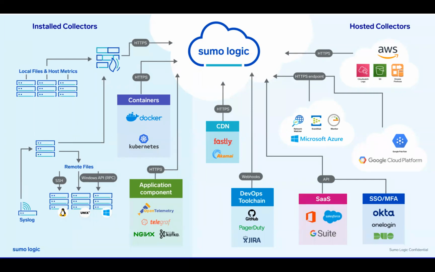On the left is the installed collector, where data is collected using a small agent running on your EC2 instances, infrastructure devices, or any appliances. The installed collector sends your logs, metrics, and events to Sumo Logic through a secure connection.